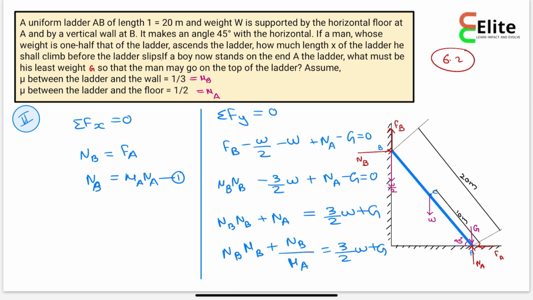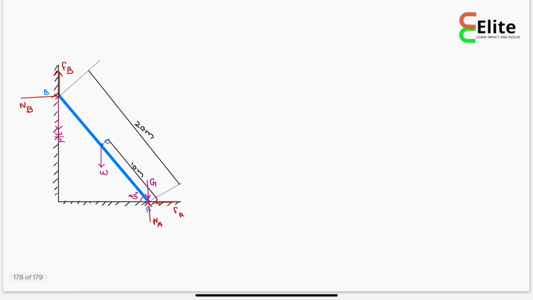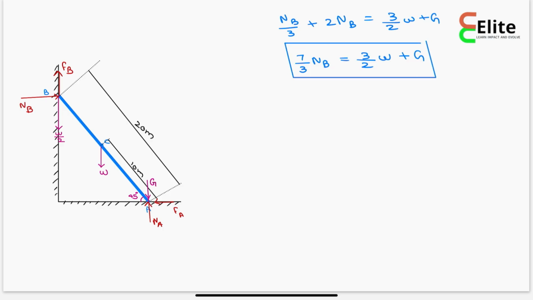So we can substitute it. So we will get Nb by 3 plus 2 Nb is equal to 3 by 2 W plus G. 7 by 3 Nb is equal to 3 by 2 W plus G. So this is our second equation.